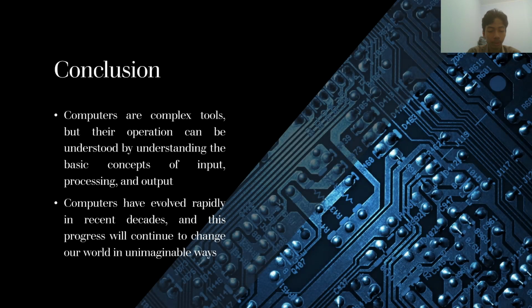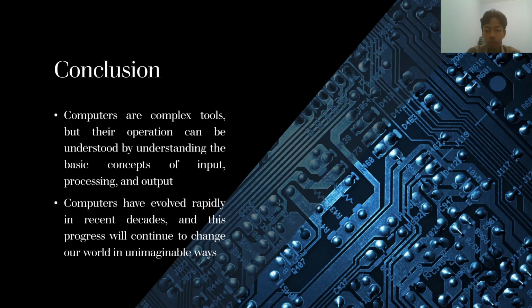Okay, next. Finally, we go to the conclusion. Computers are complex tools, but their operation can be understood by understanding the basic concept of input, processing, and output. I will explain this again now. Input is where your computer gets instructions or data, just like a magician receiving cues from the audience.